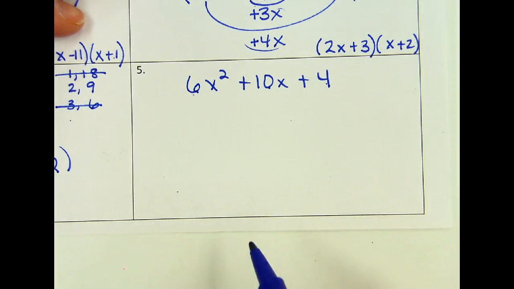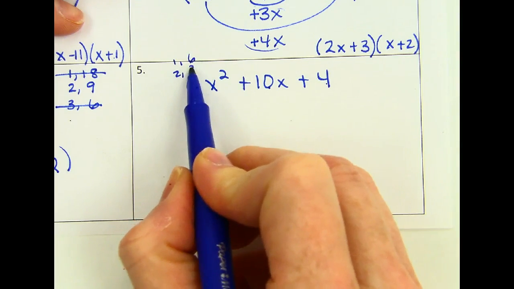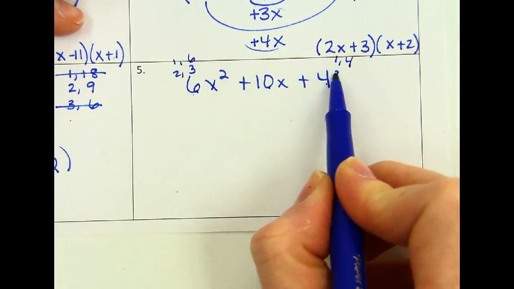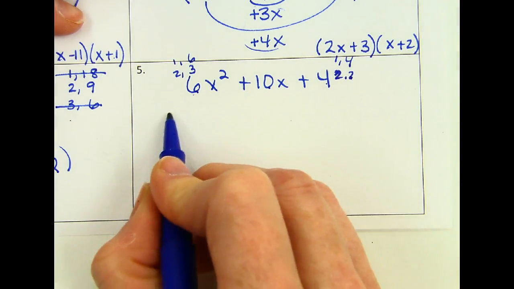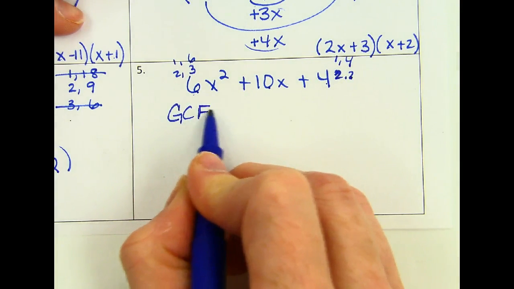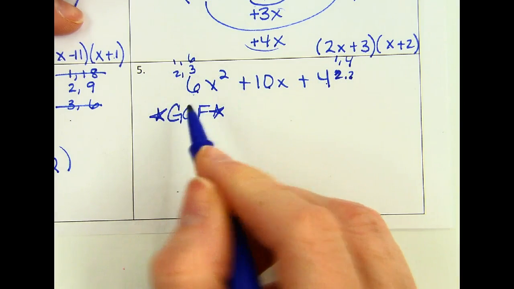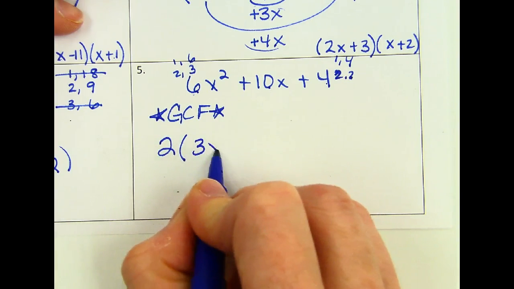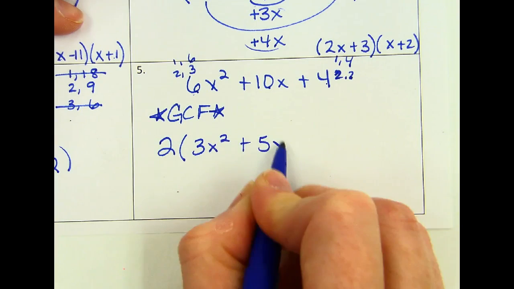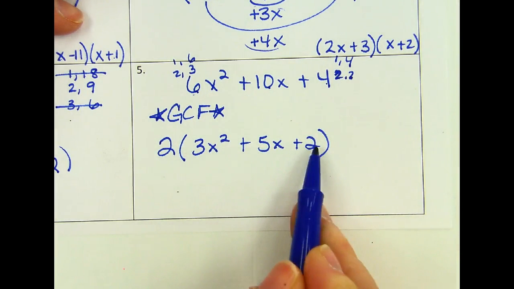You check that first. Otherwise, you would be checking 1 and 6, 2 and 3, 1 and 4, 2 and 2. It's a lot of checks. Well, if you realize the greatest common factor will factor out of that, you take out 2 of these possibilities. So watch what happens. 2 times 3x squared plus 5x plus 2, because I divided a 2 out of everything.